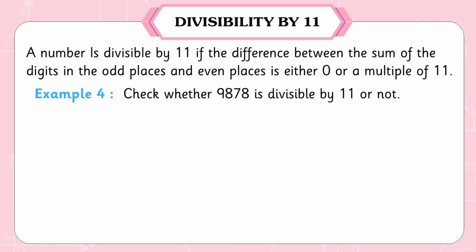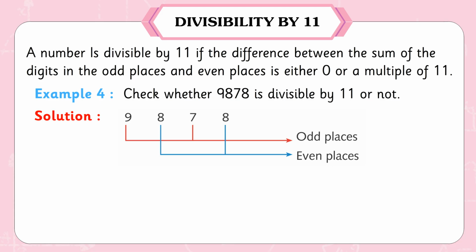Example 4. Check whether 9878 is divisible by 11 or not. Solution: 8 is at an even place, 9 at an odd place. Sum of digits at odd places is equal to 9 plus 7 is equal to 16.